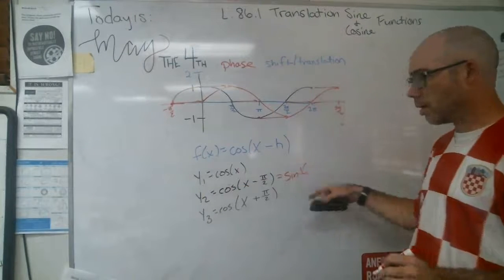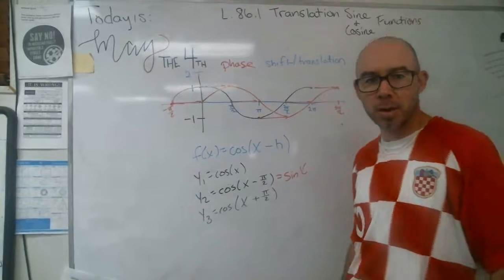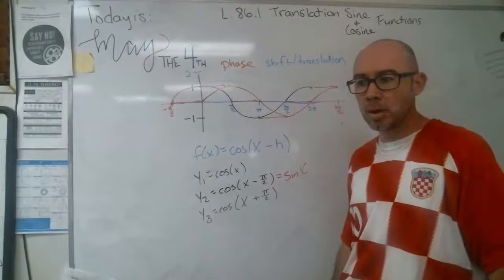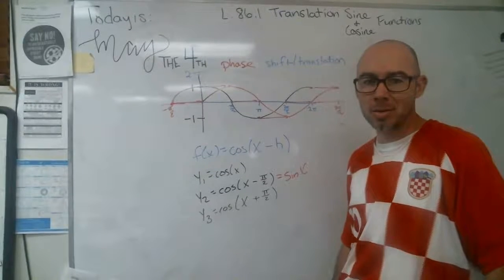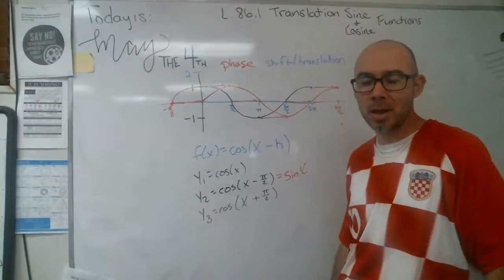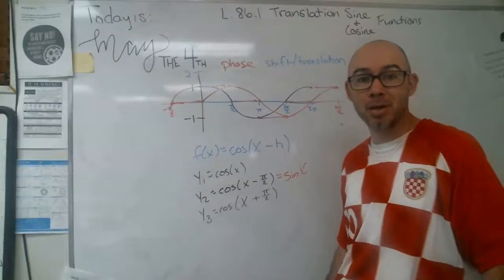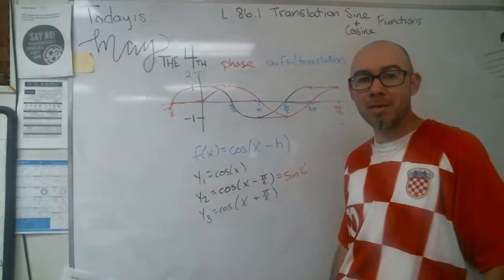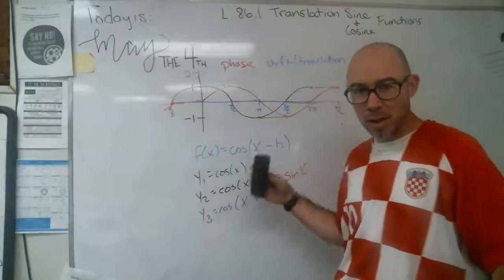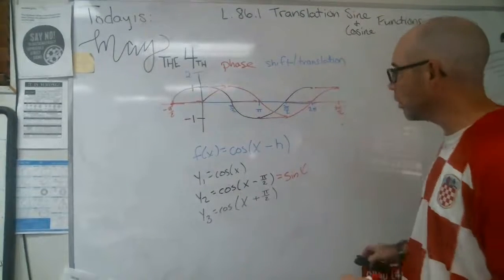This will be later on in trigonometry, pre-calc, that'll be one of our trigonometric identities. Okay, that cosine lags behind sine or vice versa by pi over 2 or 90 degrees. So we want to get them in phase. We're going to shift it 90 degrees or pi over 2 radians over.